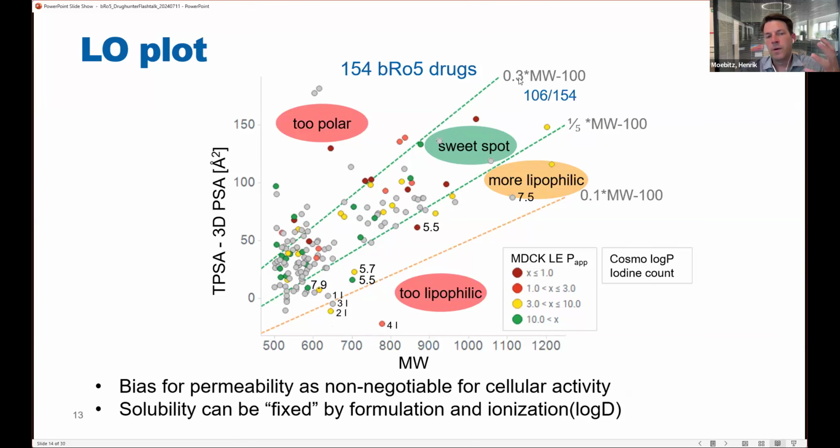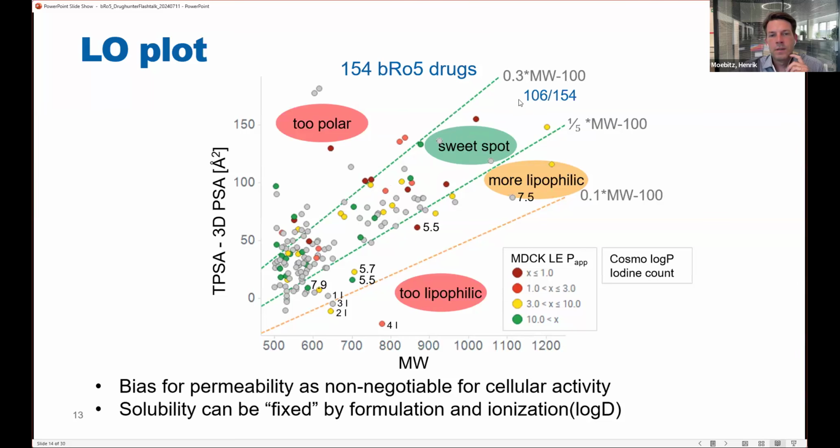And this amount of neutral TPSA is required to maintain a 3D PSA of below 100, while also being predicted to have a logP of less than 5. And you can see that this green sweet spot here is populated by the majority of oral beyond rule of 5 drugs, 106 of 154.